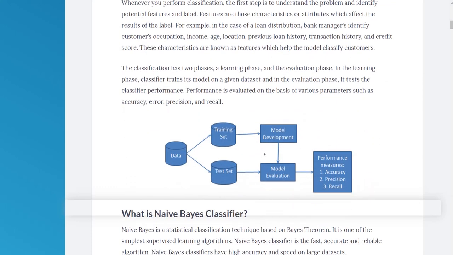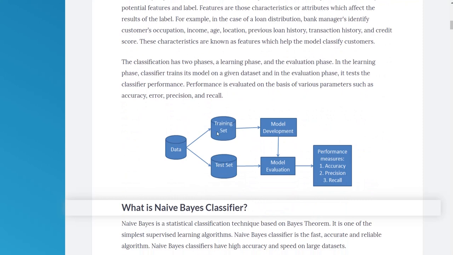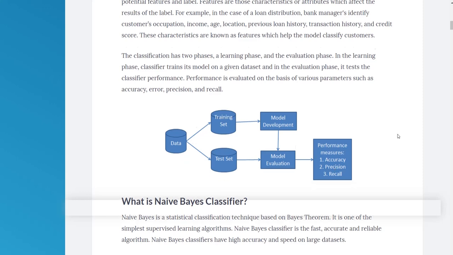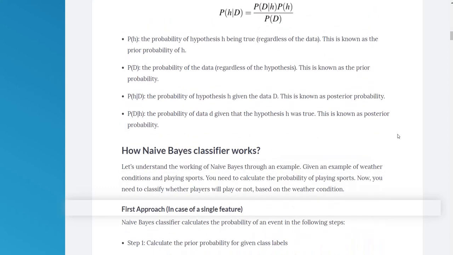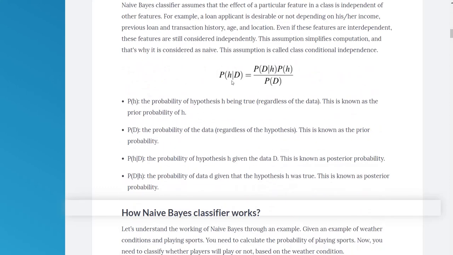They use a training data set to train the model, and a test data set to predict, and they check the model accuracy, precision and recall. Here again you can see the probability of Bayes theorem, where H represents the hypothesis and D represents the data.